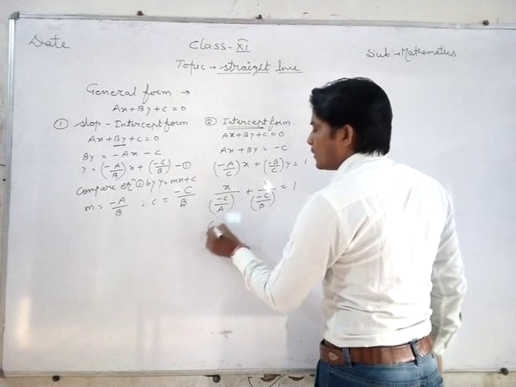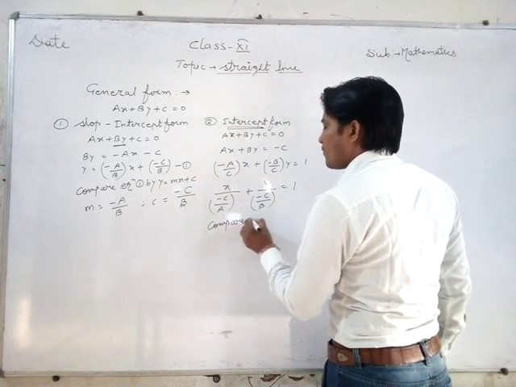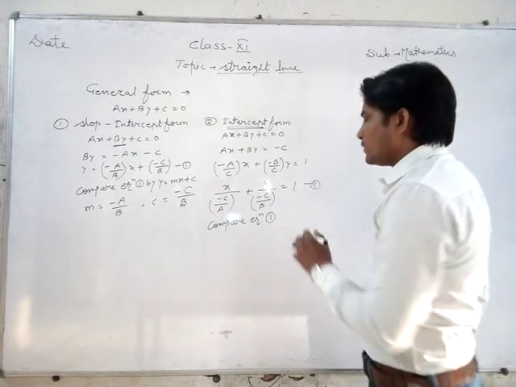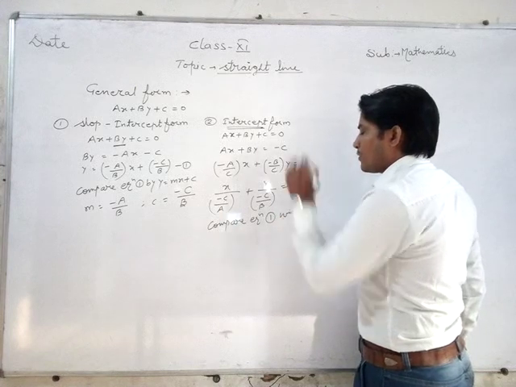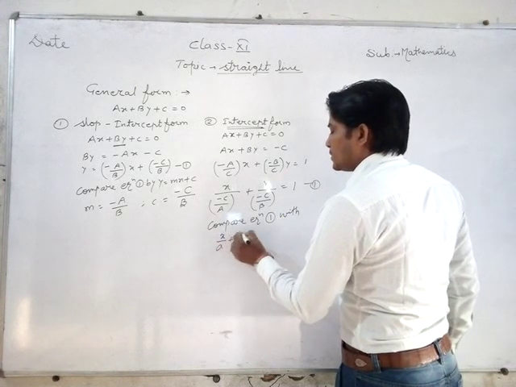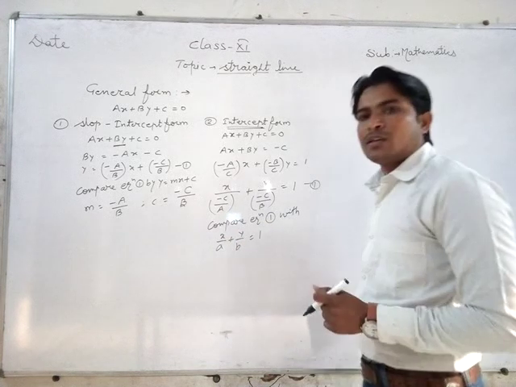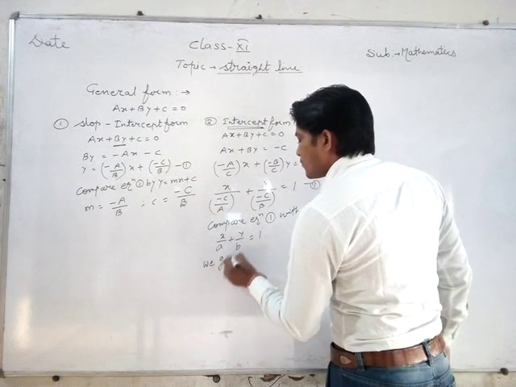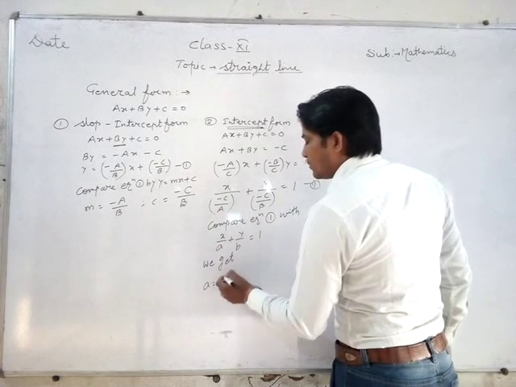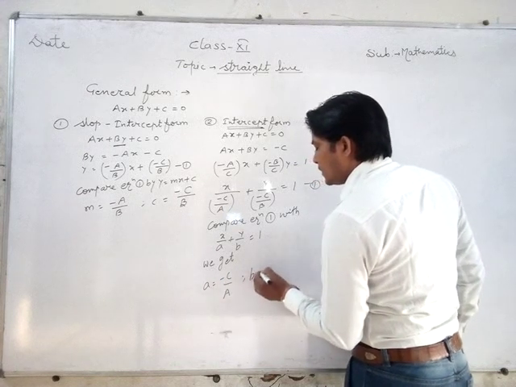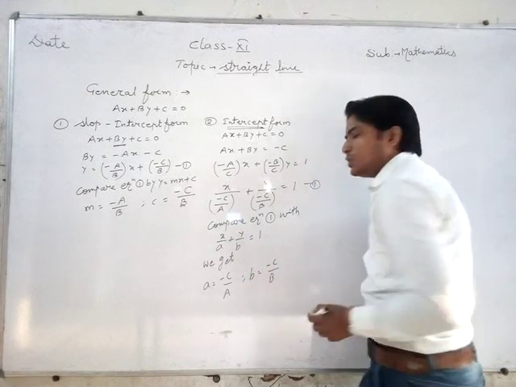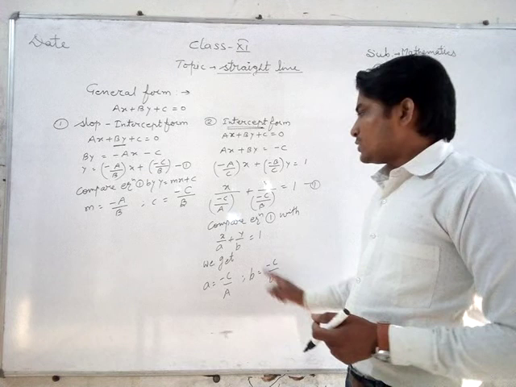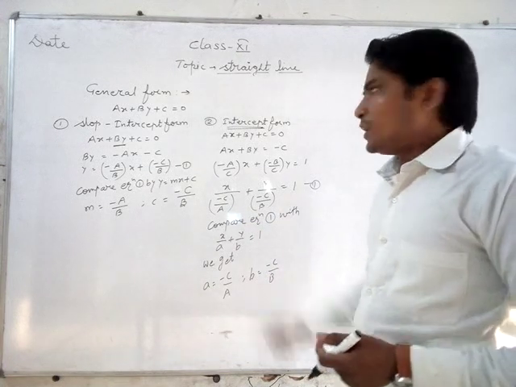Now if we compare this equation with x upon a plus y upon b equal to 1, we get a equal to minus c upon a and b equal to minus c upon b. So the intercepts are minus c upon a and minus c upon b. So this equation is converted into the intercept form.